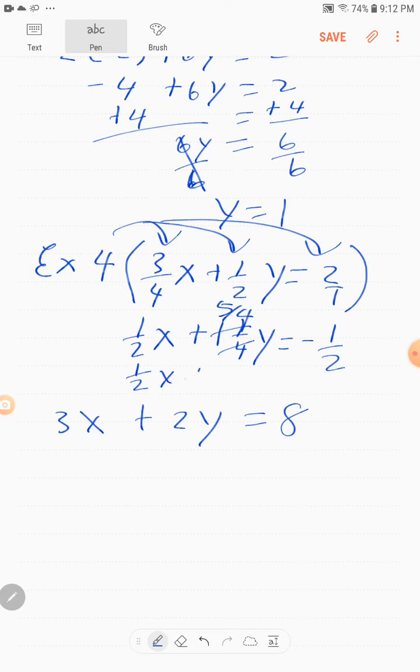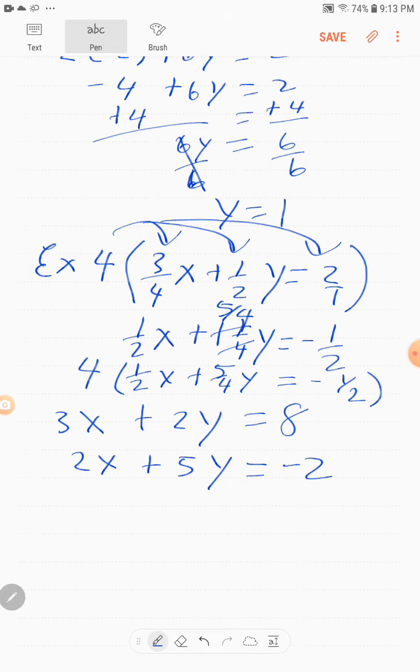Half x plus 5 over 4y equal to negative a half. So again, the LCD here would be 4. So distribute 4. So 4 times a half x, that will give me 2x. With the 5/4, the 4 and 4 will cancel out, leaving 5y. And then 2 into 4 will give me 2, but there's a minus sign, so minus 2.